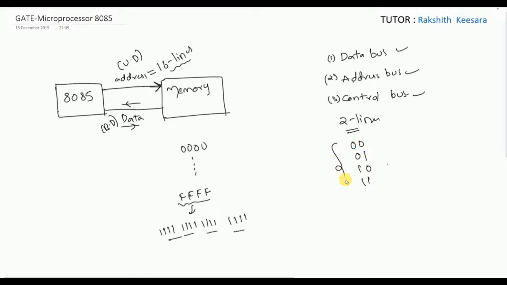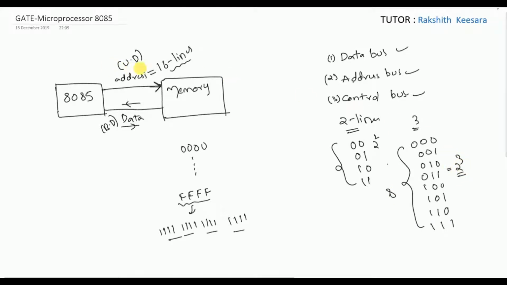You have this many addresses. That means 2 square. If you have 3 lines, 000, 001, 010, 011, 100 and so on, this many addresses you can send. That is 8, indirectly 2 cube.